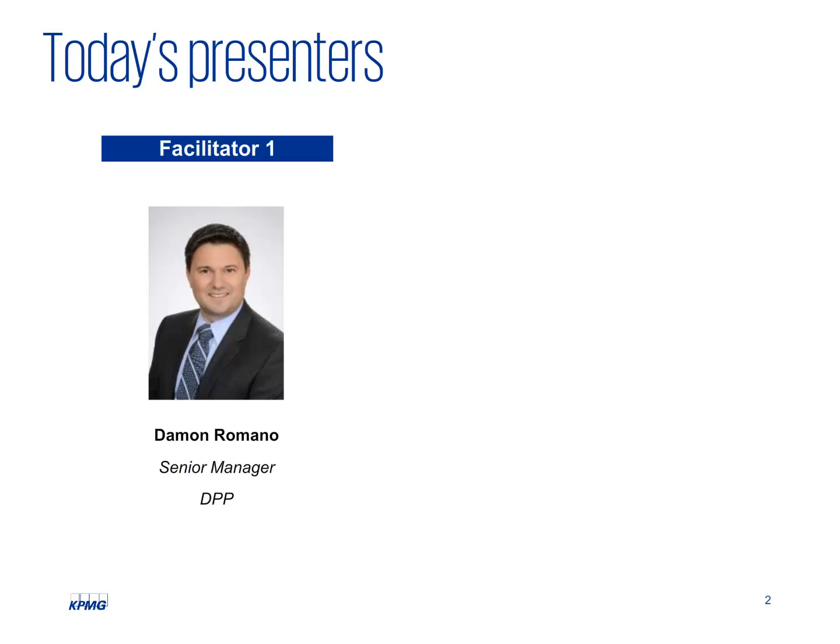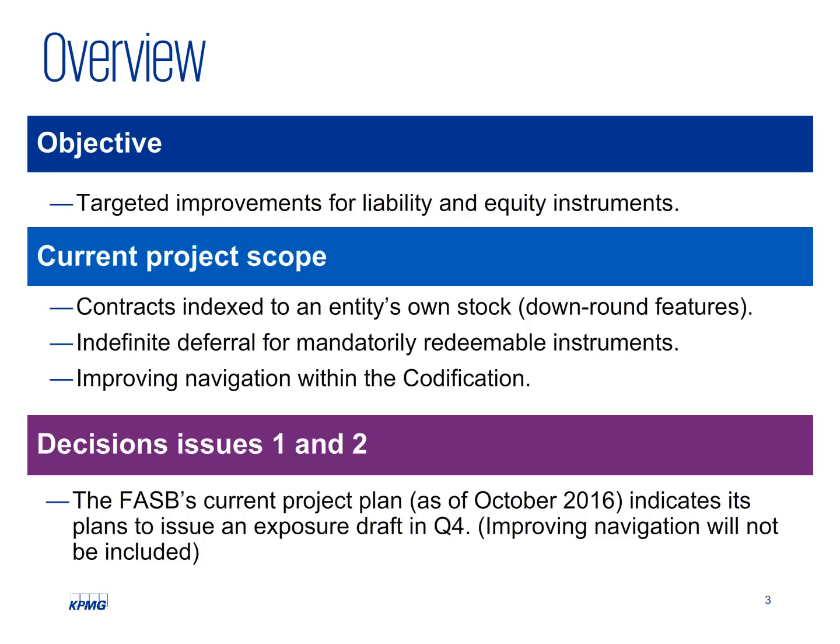So let's discuss where things are at the time of this recording. The current scope of this project is to make targeted improvements to the accounting guidance for the classification of certain instruments as a liability or equity. In the center of the slide, you see the three items that currently fall within the scope of this project. First, instruments that contain down round features.